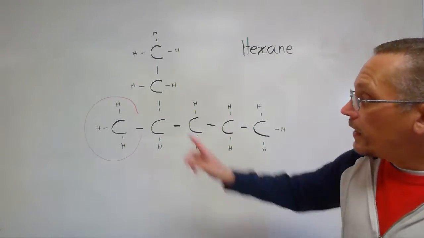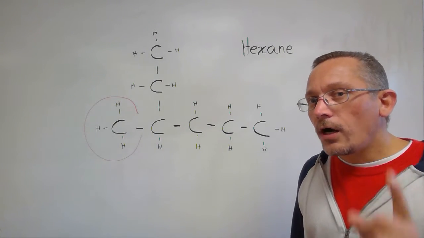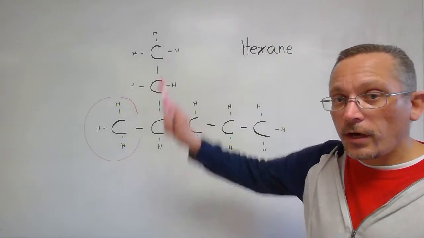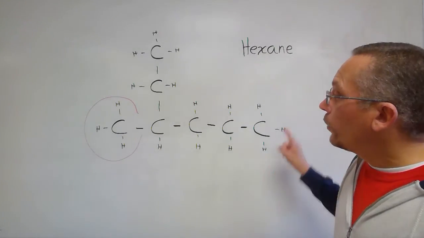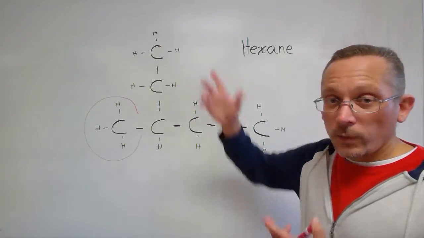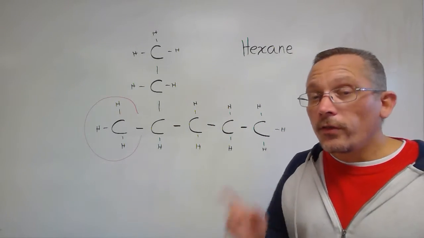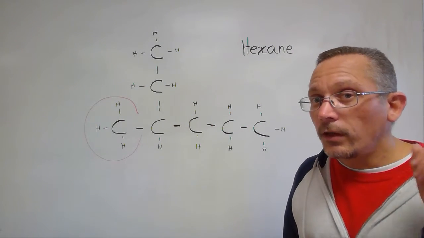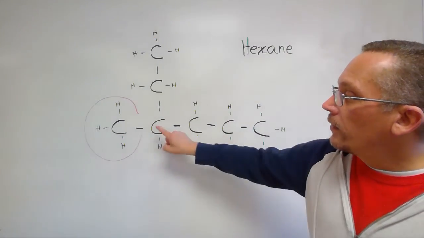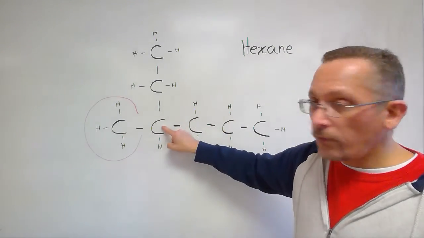But now we need to put something in the front here to name the branches. To name the branch, first we're going to identify which carbon atom it comes off of. So we need to number the carbon atoms in our main chain. We could number this way, 1, 2, 3, 4, 5, 6, or we could number the other way, 1, 2, 3, 4, 5, 6. The correct way gives you the smallest numbers, okay? So if I number this way, the carbon atom the branch comes off of is 1, 2, 3, 4.